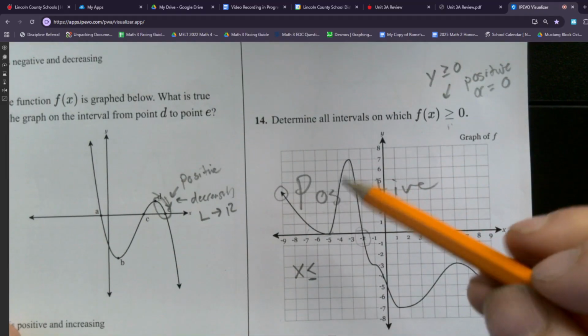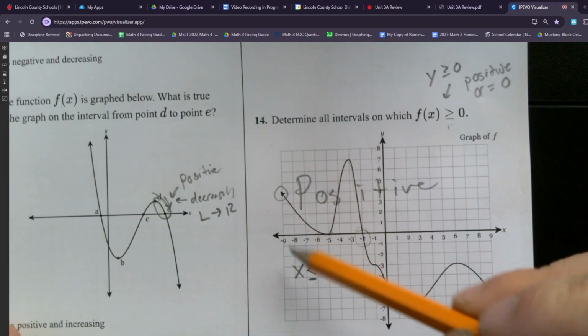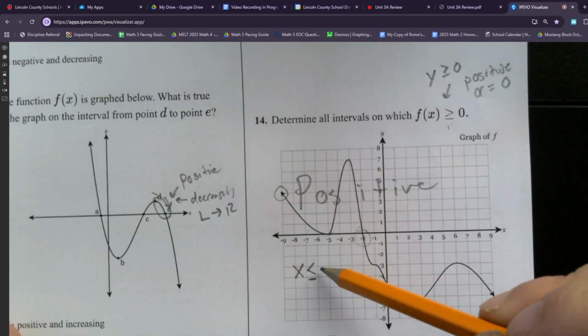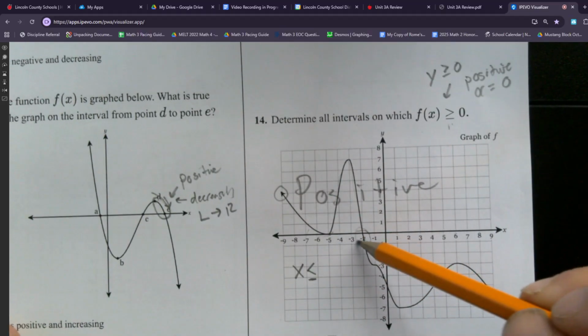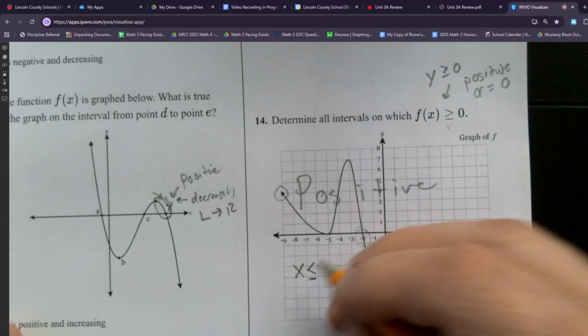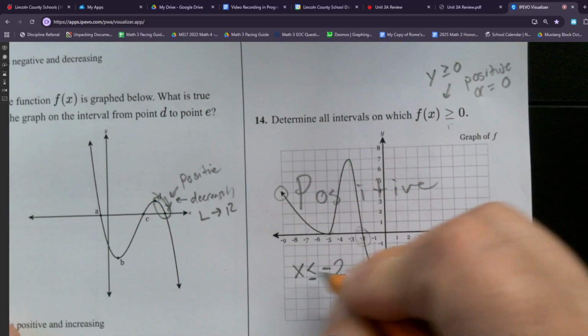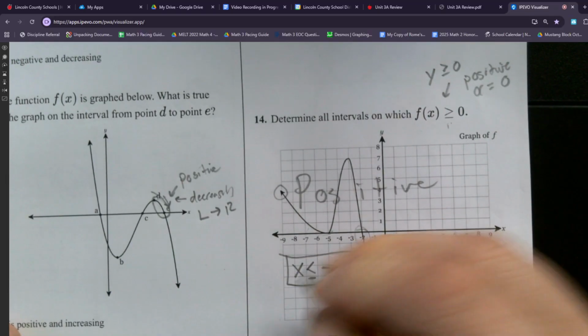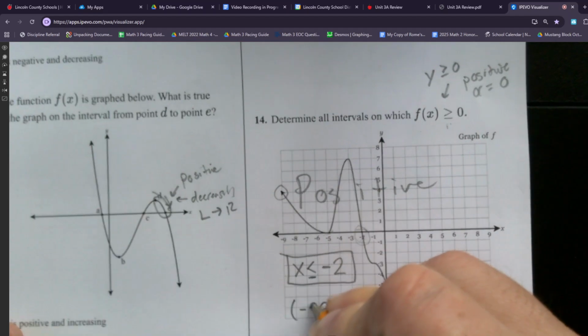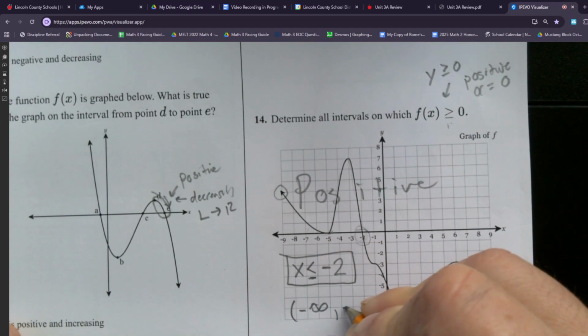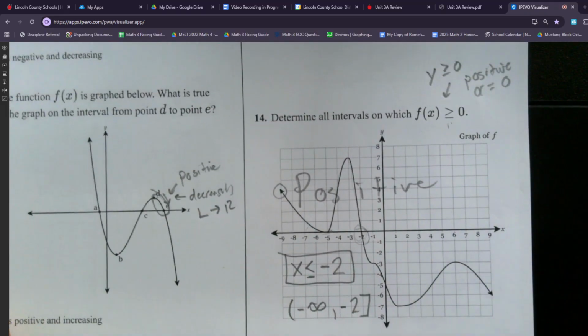It is positive or equal to 0 for any x value that is less than or equal to where it crosses the x-axis in negative territory. So that would be -2. Or it could be negative infinity to -2, square bracket. Either one of those would work.